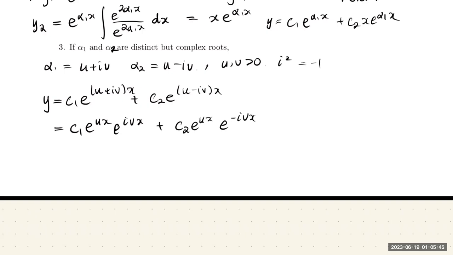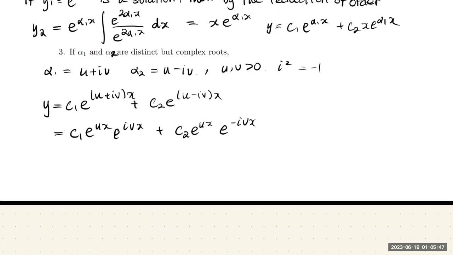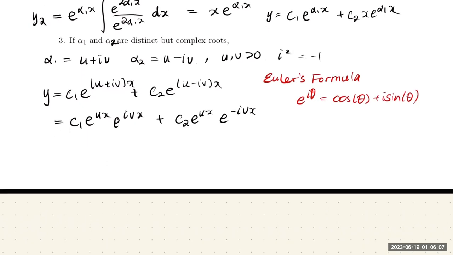So by Euler's formula, if you remember, e to the i theta is cos theta plus i sine theta. From here, if we make the substitution, instead of theta we would have vx and negative vx.